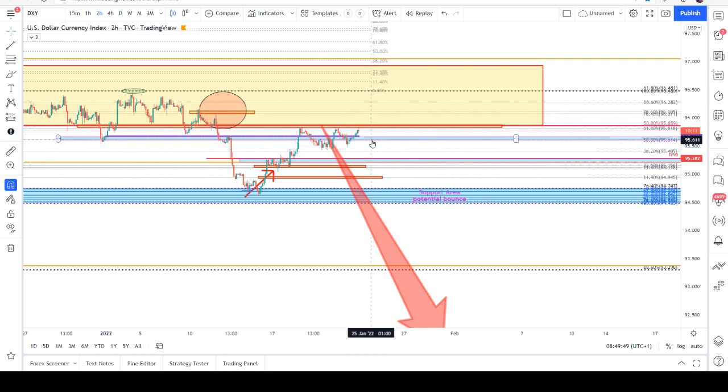Even if, as I said, due to the stock sell-off, we could see a little bit more of a spike. But you see that even inside the sell-off since the 18th of January, the DXY could not break this area. Meanwhile, the S&P 500, let me look, in the same period of time, S&P 500 lost 5%.